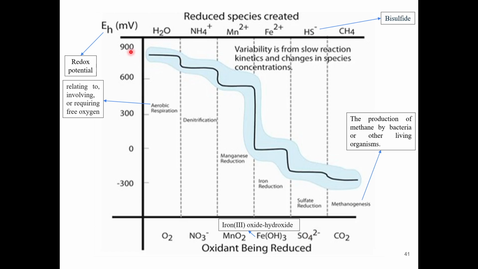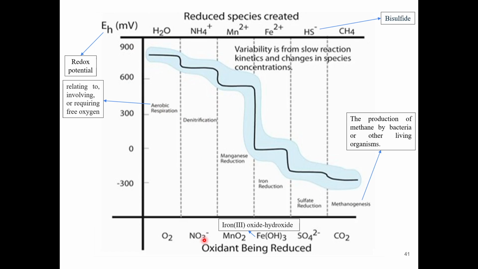And apart from that, if you see here, this is a figure which shows the reduced species created and oxygen being reduced, and for them the various EH values, that is redox potential in millivolts. For water and oxygen, the EH value lies between 600 to 900, and that is aerobic respiration.